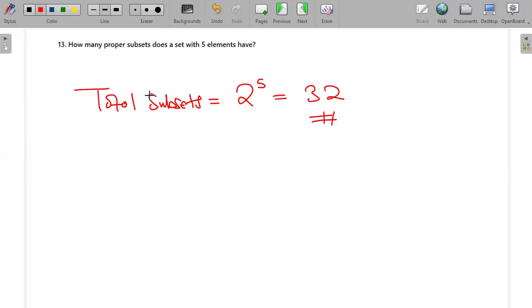And then now, of the total number of subsets, we have sets there that are improper subsets. So what are the improper subsets? Anyone who knows them? What are the improper subsets that are within a set?